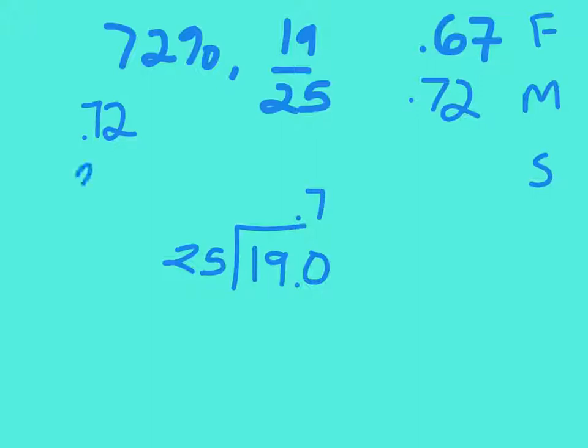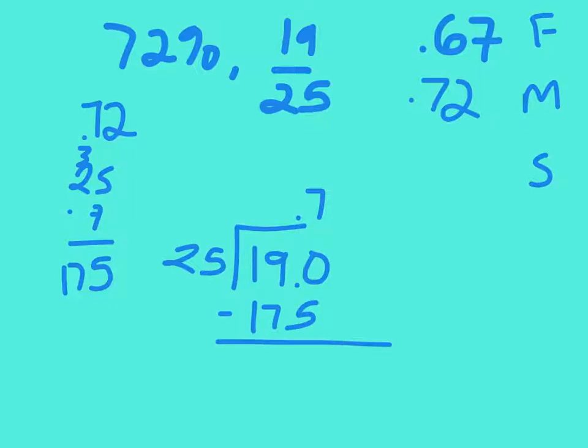Let's just double check. 25 times 7, we get 35. 7 times 2 is 14, plus 3 is 175, so I know that that's right. So we're going to do 7, and then we're going to subtract 175. That is going to give us 10 minus 5 is 5. 8 minus 1 is 8 minus 7 is 1, excuse me.